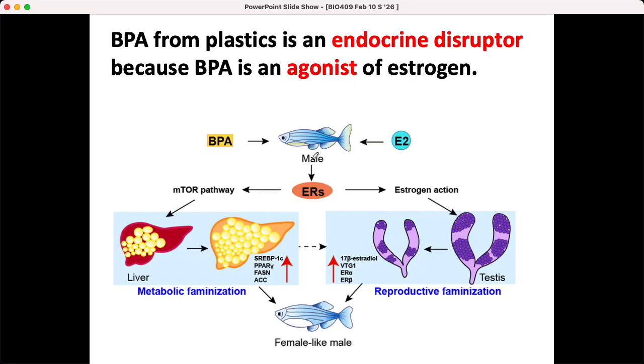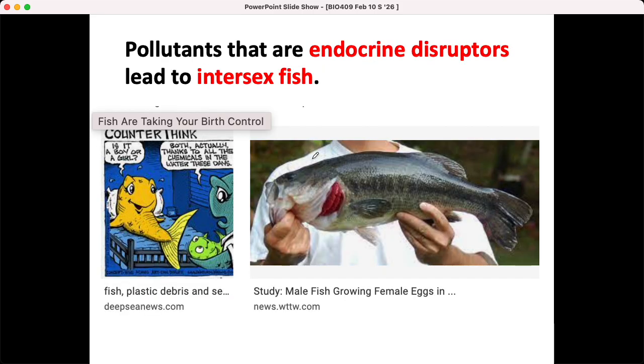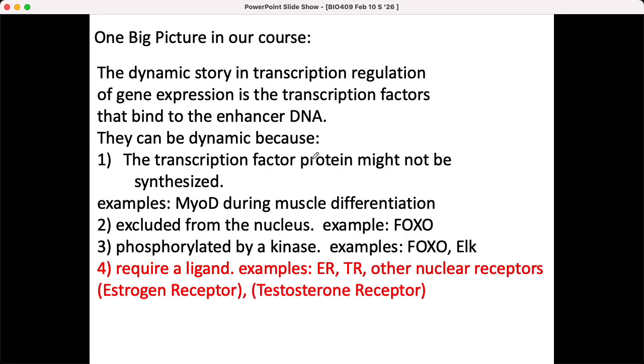And then we learned, there's also this concept of an agonist, and so BPA is an agonist. That's what its disruption function is. It's called an endocrine disruptor.